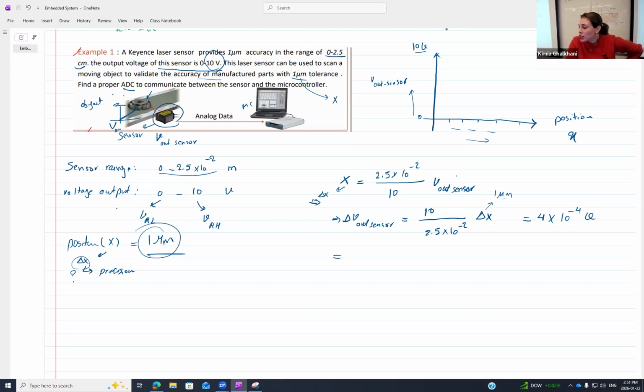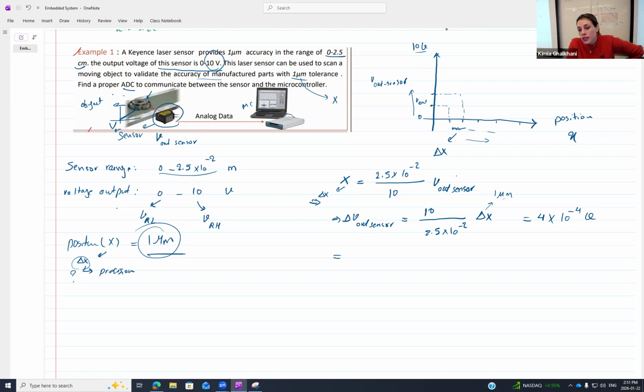Now, I'm looking at what? I'm looking at the first one. Let's say first one is here. This is my first one. So I'm going to call this my V out at this point. And then let's suppose this one is also your first position. And if this is your first position, this becomes your delta X. Means from here to here, the difference between them becomes your delta X. So far, so good.